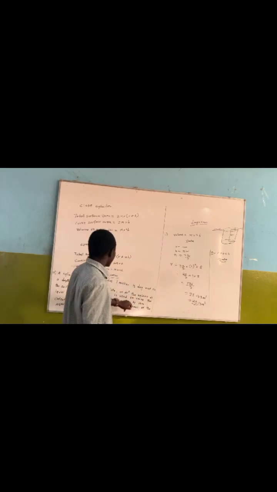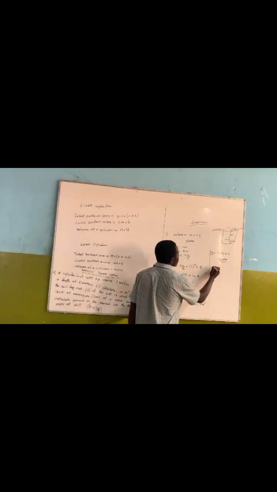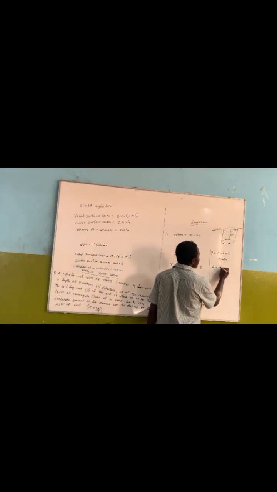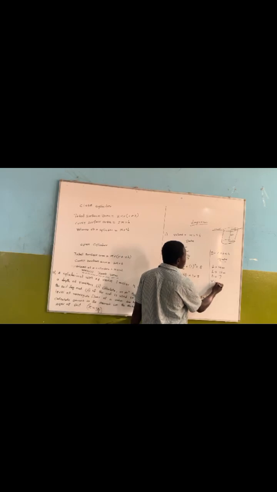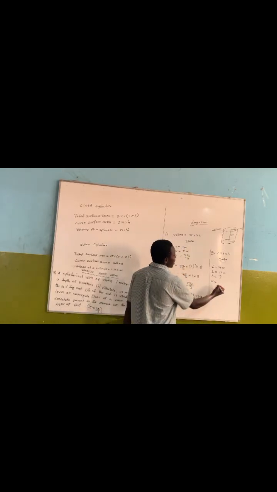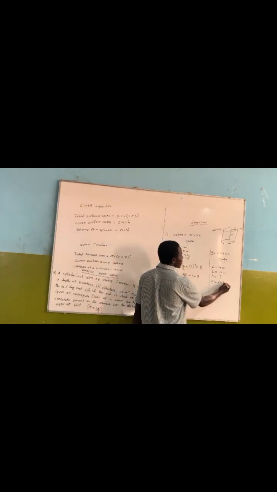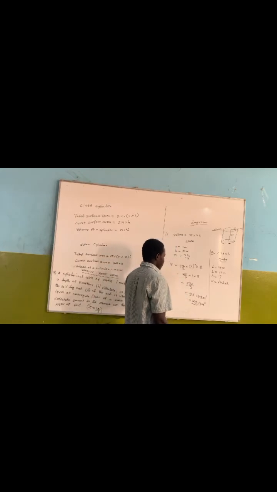Without wasting time, let's take the data from that question. The breadth of the room is 4 meter, the length is 12 meter, and we don't know the height, which is the question mark. From the formula, volume is equal to length times breadth times height.